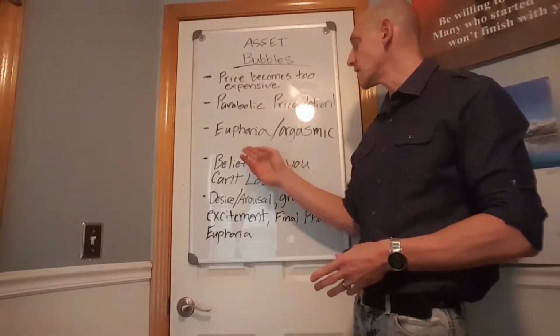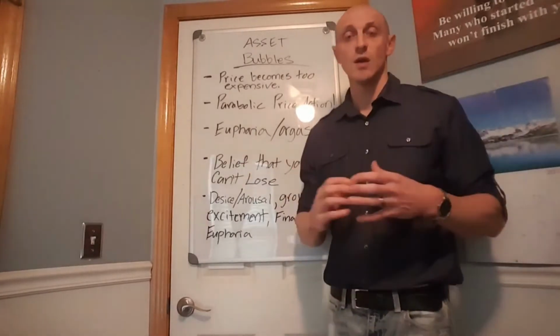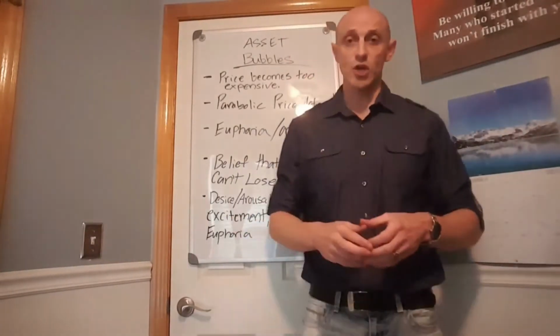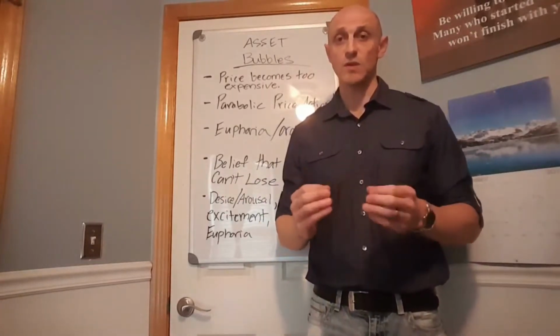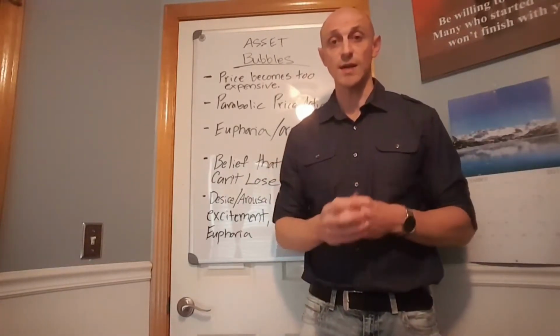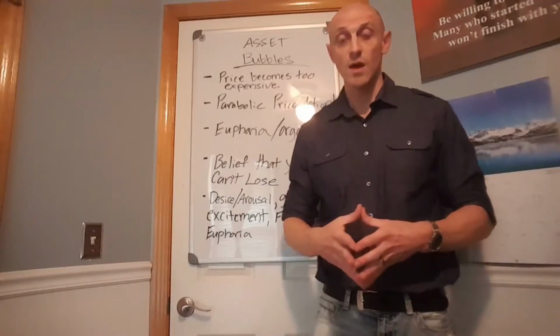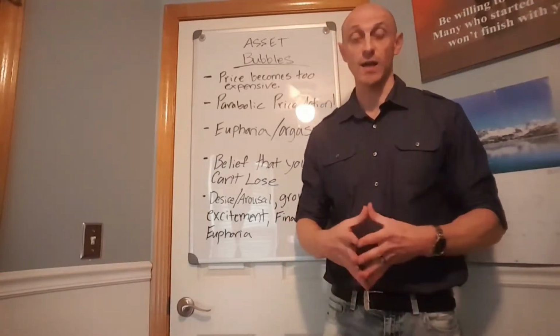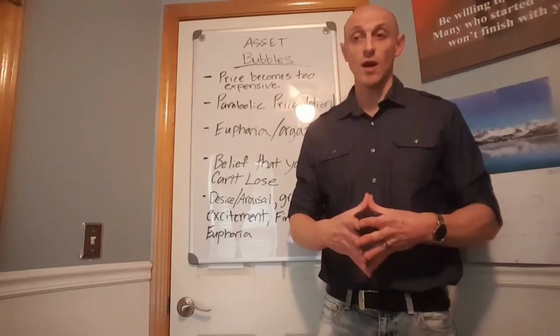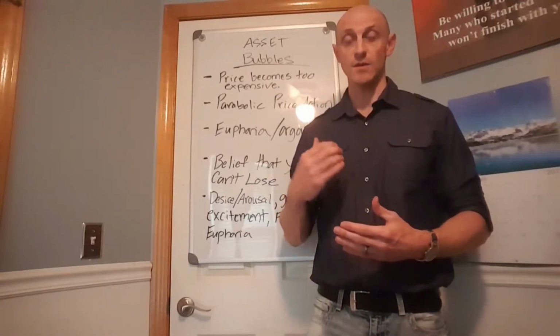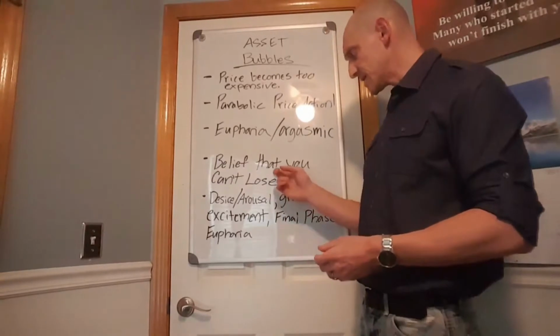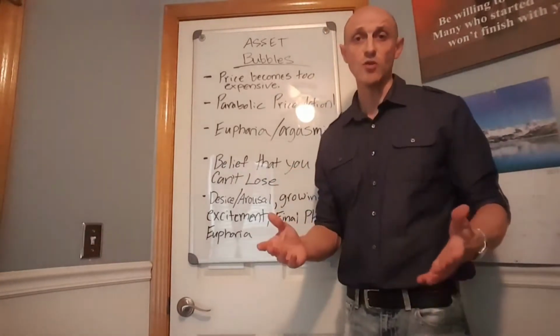You also have to take into consideration that the masses will start jumping on board and buying up these assets purely based off of speculation. I call it euphoria because it's orgasmic in nature. These people get really excited, and their belief system is that they don't think they can lose.